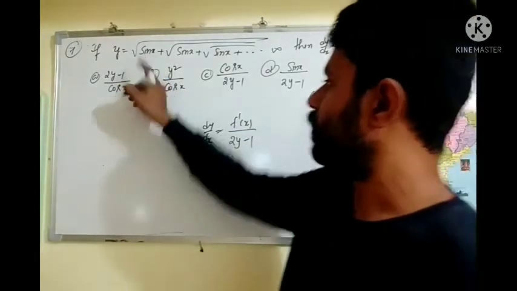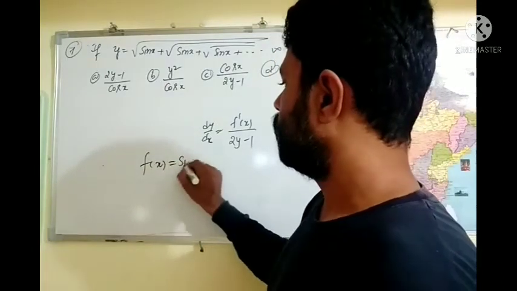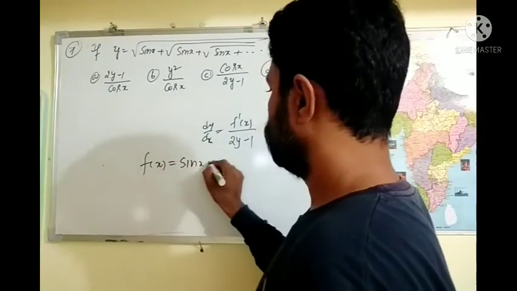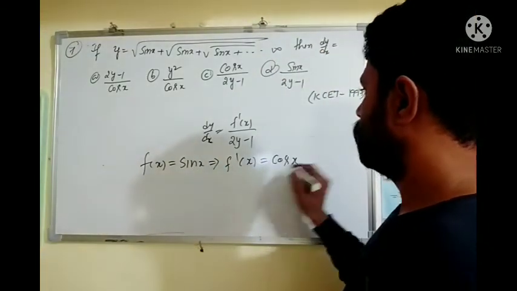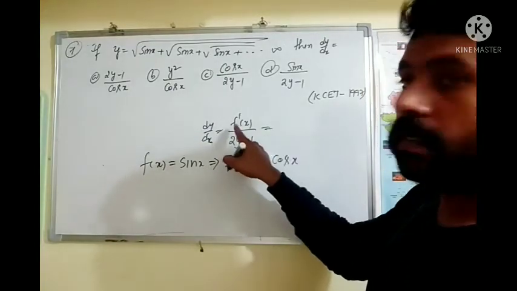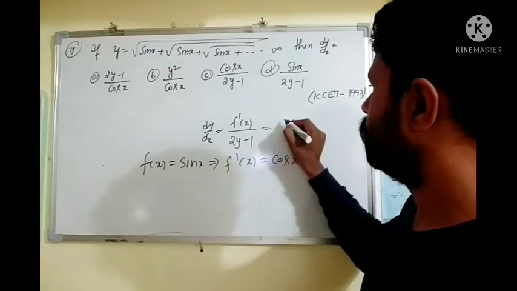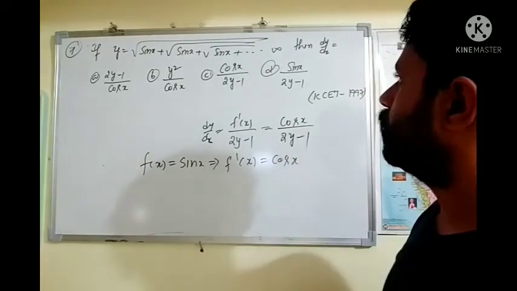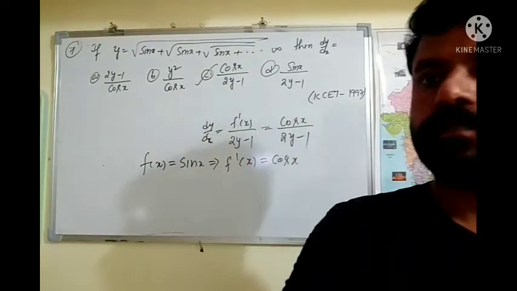Here f of x is sin x, and the derivative f dash of x is cos x. Now substitute cos x in the place of f dash of x, we get cos x divided by 2y minus 1. Option C is correct.